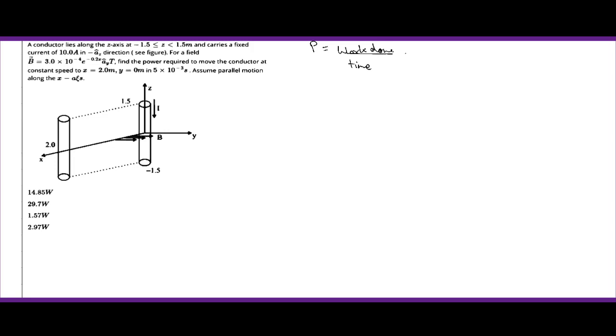So we have the amount of work done to be ∫F·dx, integrated between the limits of positions and divided by t.